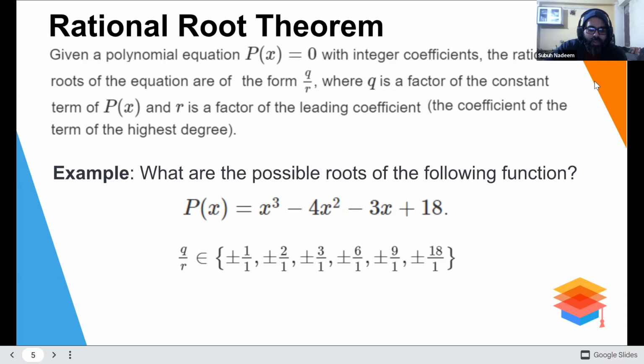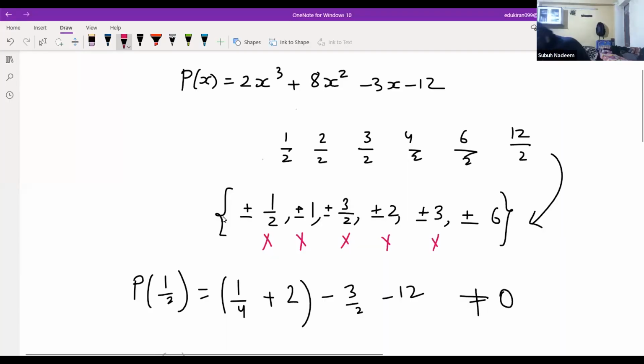Similarly, r is a factor of the leading coefficient.